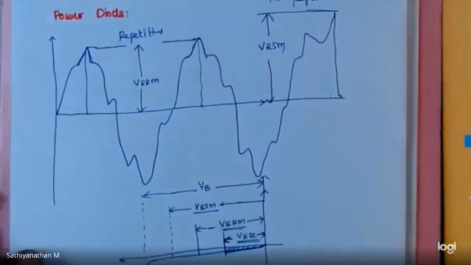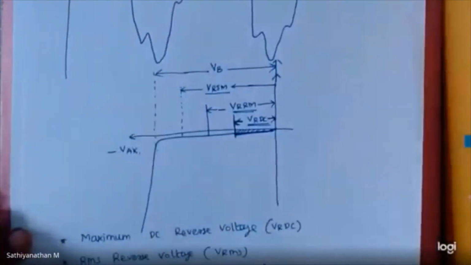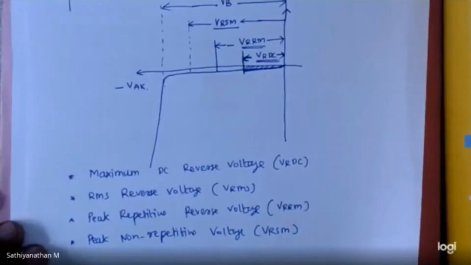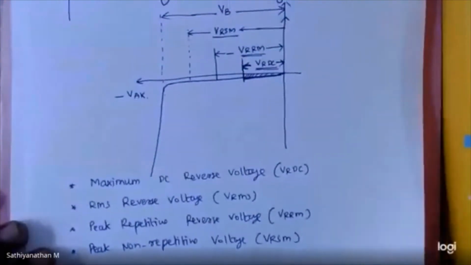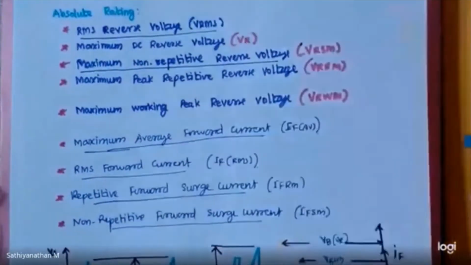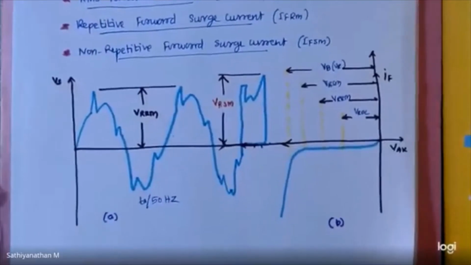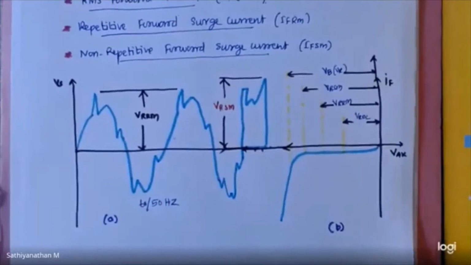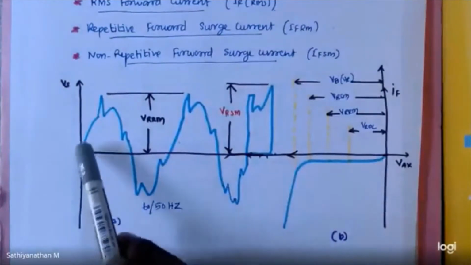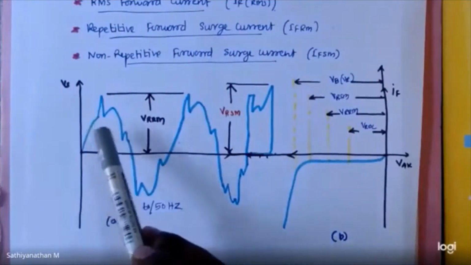Then we discussed the data sheet and the important parameters like maximum DC reverse voltage, RMS reverse voltage, and their importance, right? These are all the important factors we need to consider for a particular application. So I took an example of an input sine wave, and we discussed the different instances, right?